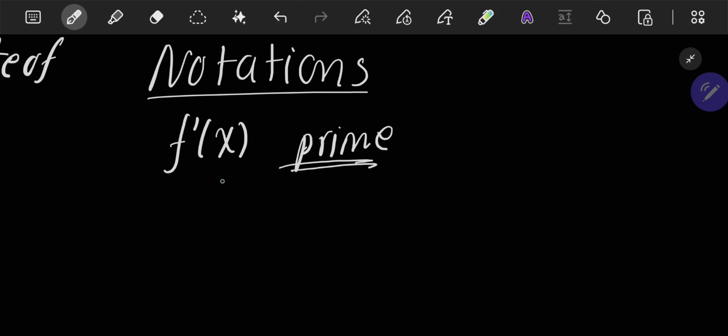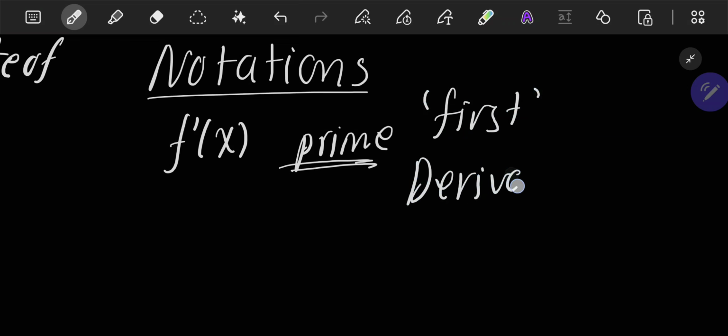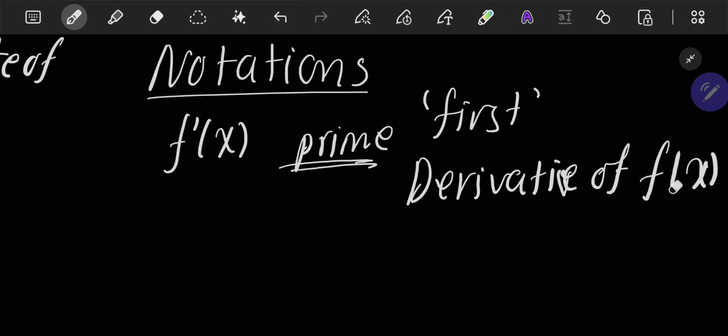And this is the first derivative of the function f of x. Now, I'll tell you what this first derivative means later, but I want you to understand that this is just a general notation for derivatives.